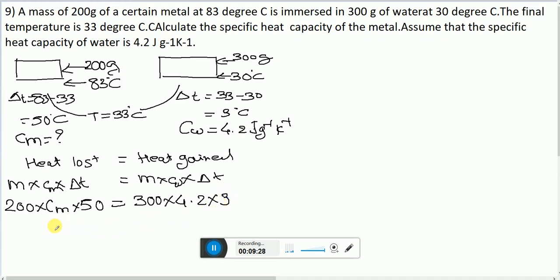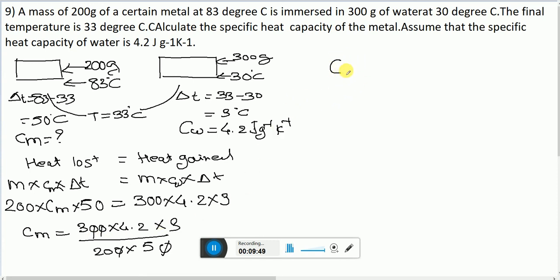Now solving this, I can say 300 multiplied by 4.2 multiplied by 3 divided by 200 into 50. 0 can be cancelled.